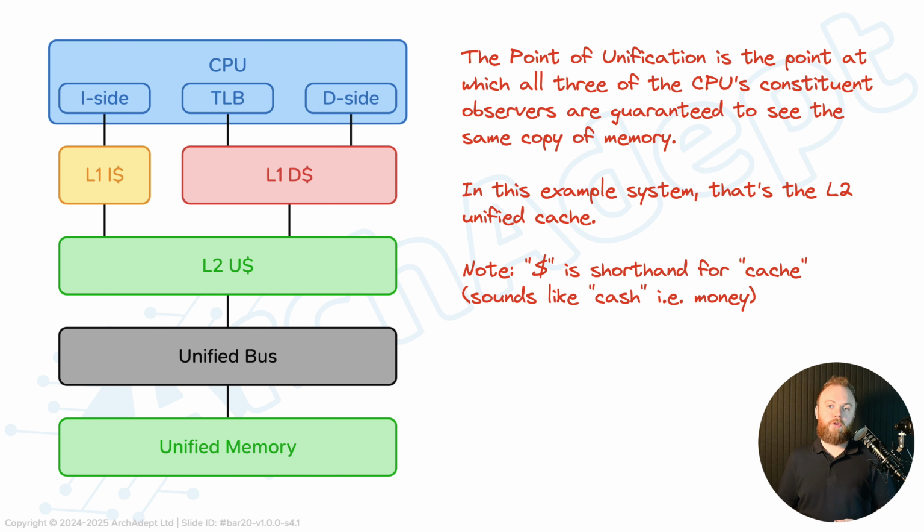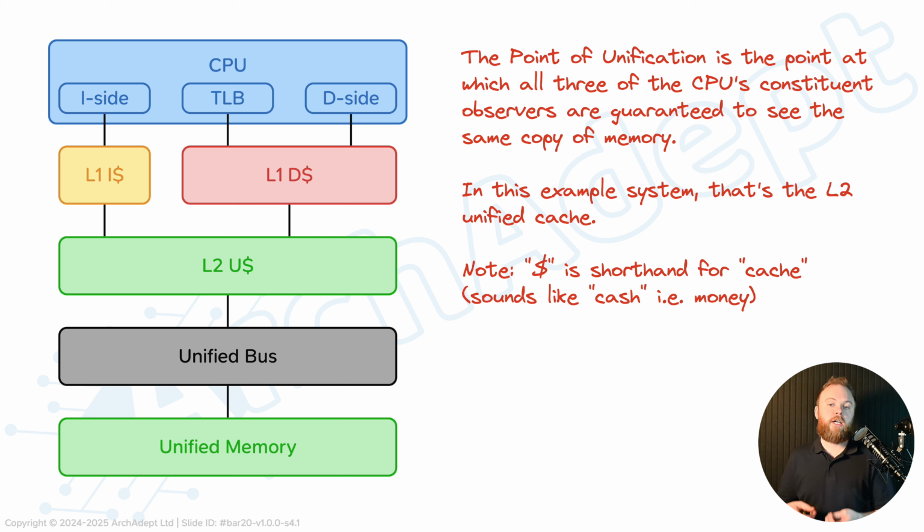Now, the point of unification is the point in the memory system at which all three of the CPU's constituent observers are guaranteed to see the same copy of memory. Since ARMv8, and also actually ARMv7 with the multiprocessor extensions, if we miss in the TLB and we need to perform a cacheable translation table walk, then the resulting TLB side access is required to look up in the L1 data cache.